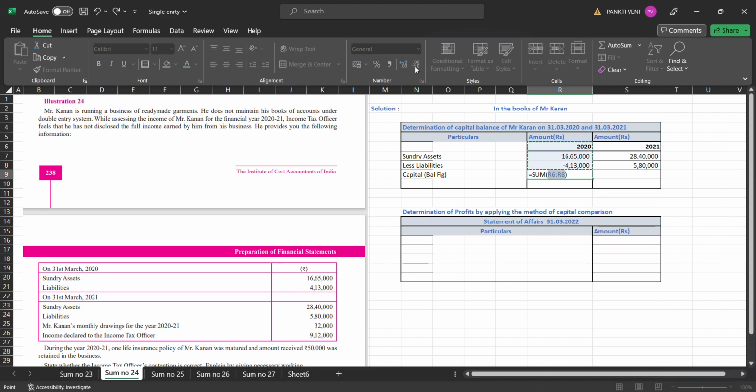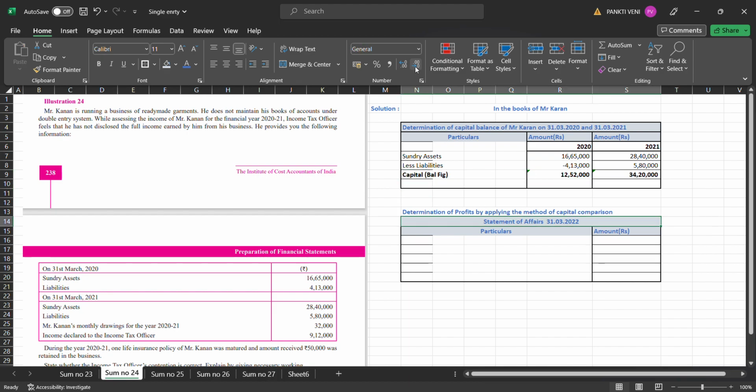Okay. Now I'll just find out my balancing figure. So this is my balancing figure. I got opening and closing capital. Now I'll go for my profit and loss statement.